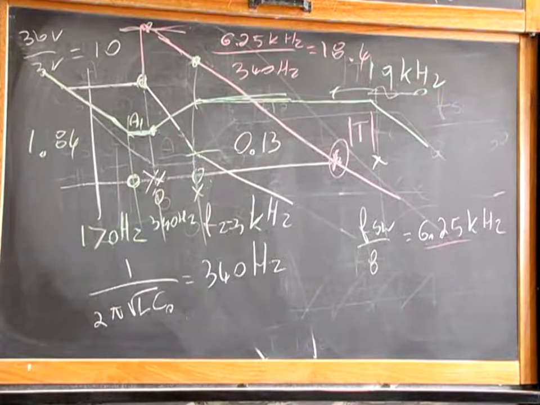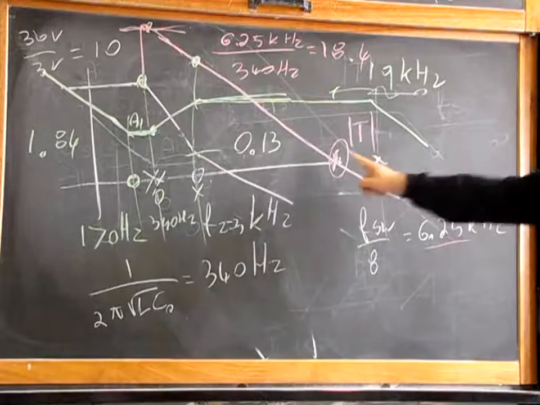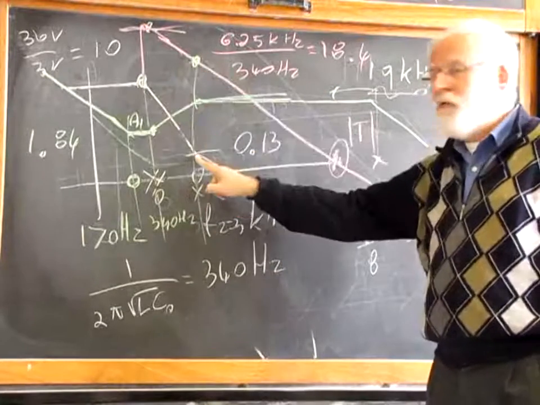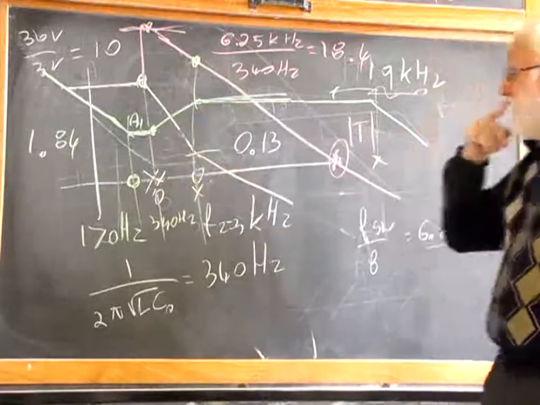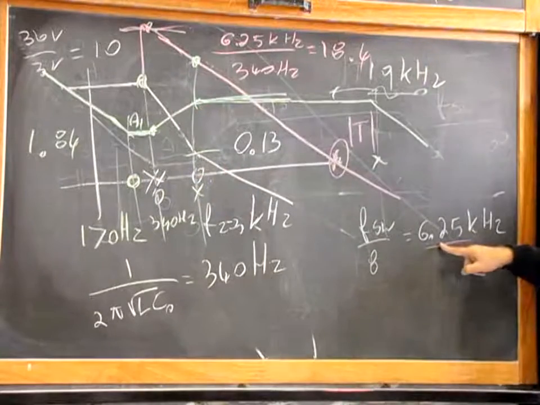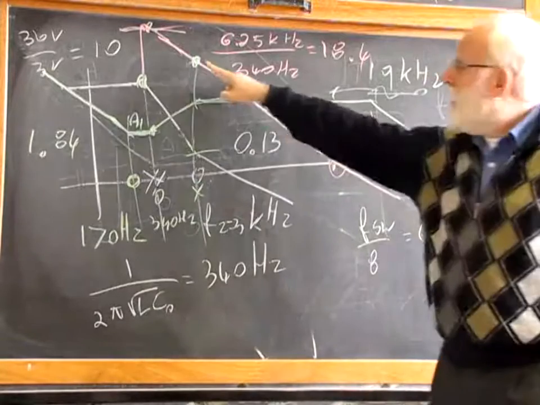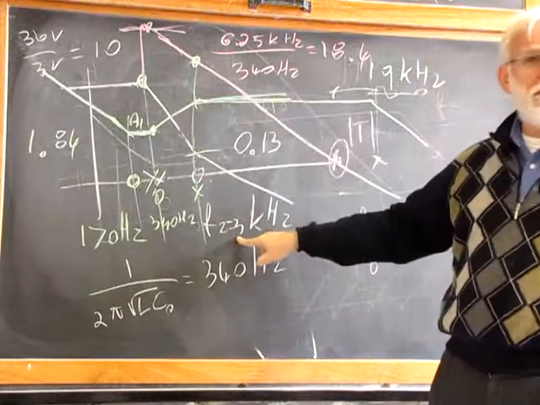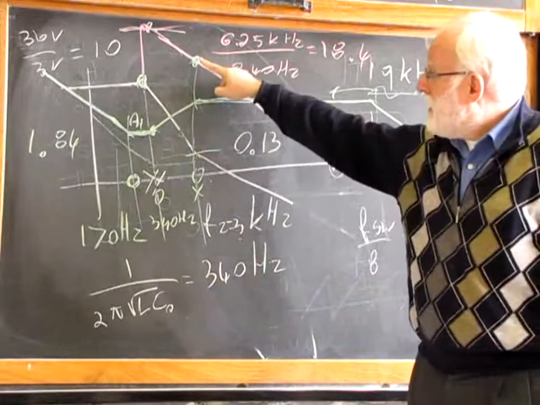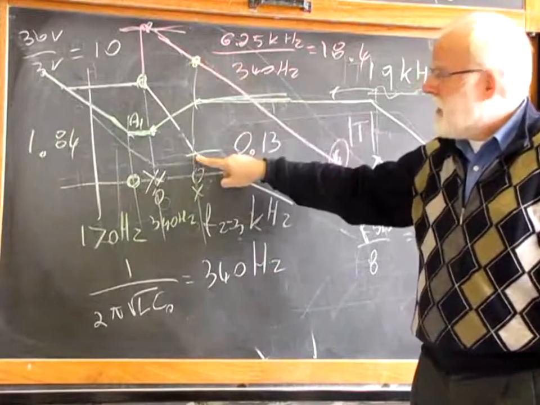Same story as before. High frequency divided by low frequency equals high gain divided by low gain. High frequency is 6.25 kilohertz. Low frequency is 3 kilohertz equals high gain divided by low gain.